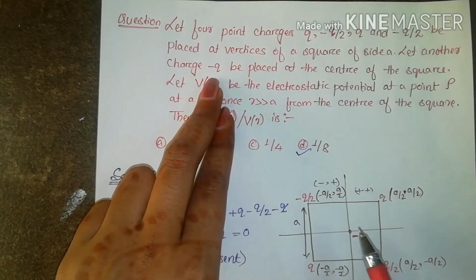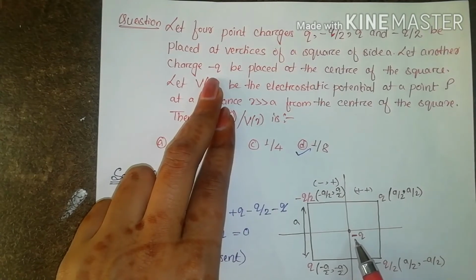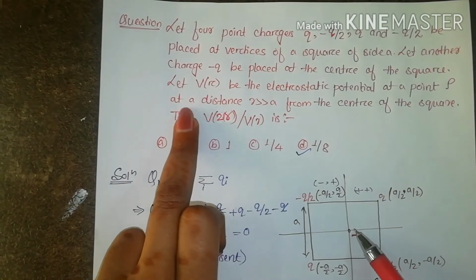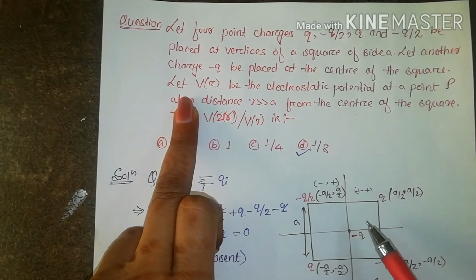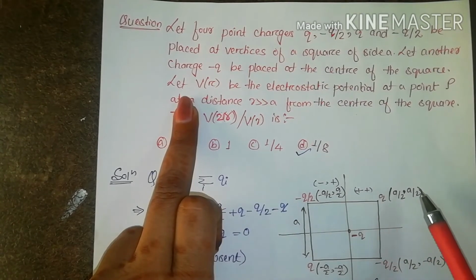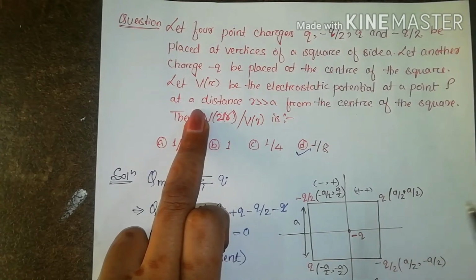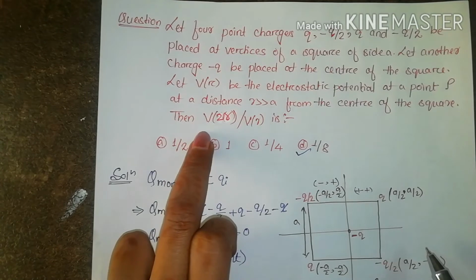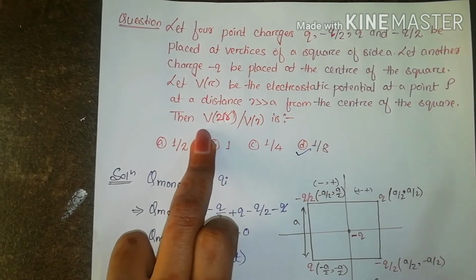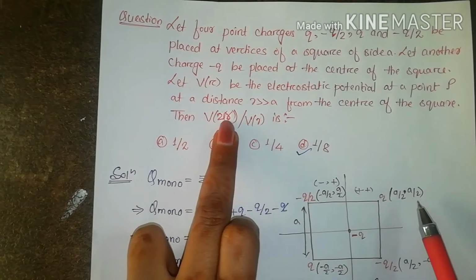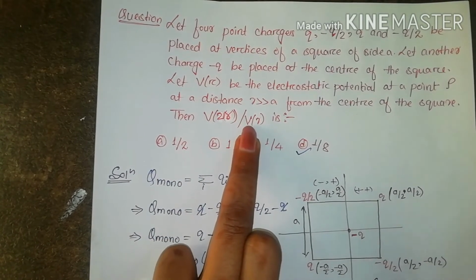Again, we have another charge minus q, placed at the center of the square. This is that charge. Let V(R) be the electrostatic potential at the point P at a distance R, which is very much greater than a, from the center of the square. You can take any point. You have to find V(2R) by V(R), what it will be.